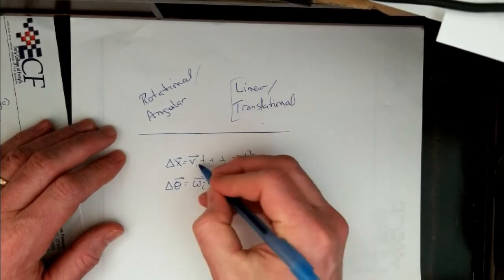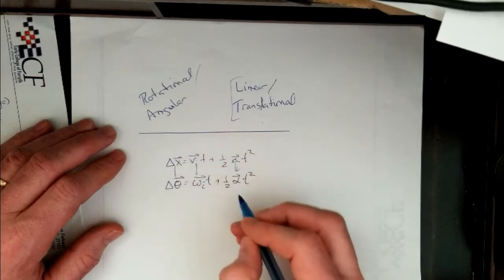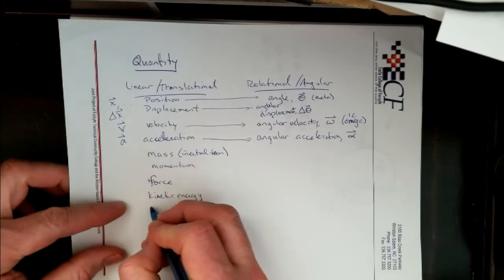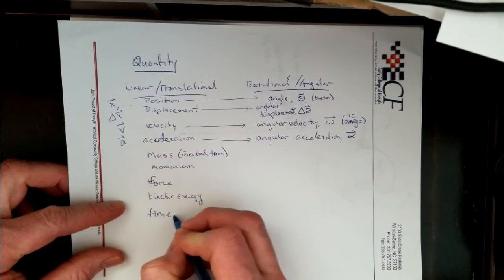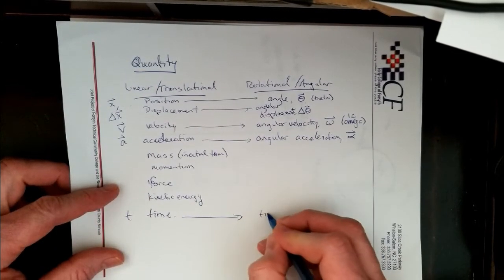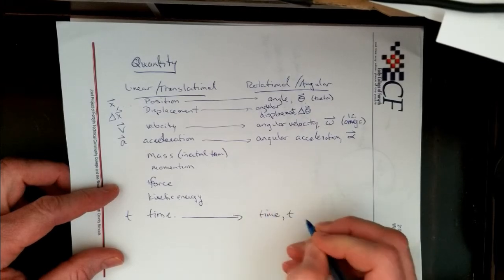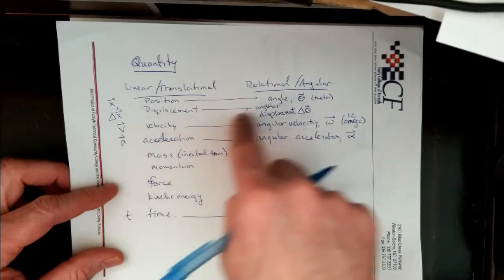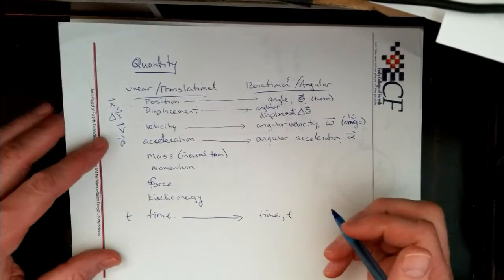And all we do is transliterate. One thing to point out is that there is another variable that we ignored: time, which is t. There is no real angular time. The time it takes for something to rotate and the time it takes for something to go straight is still the same time.